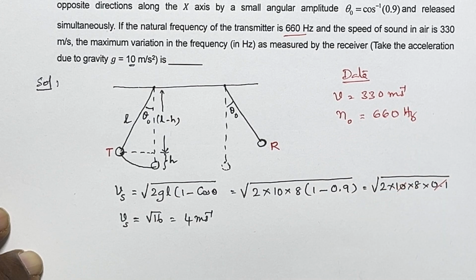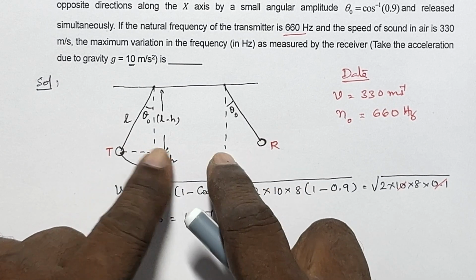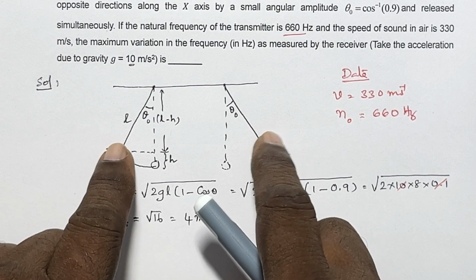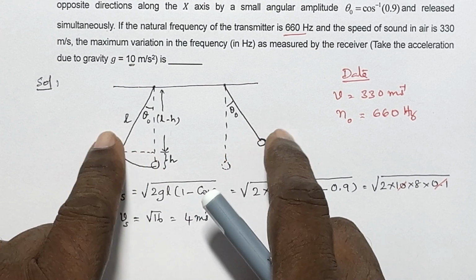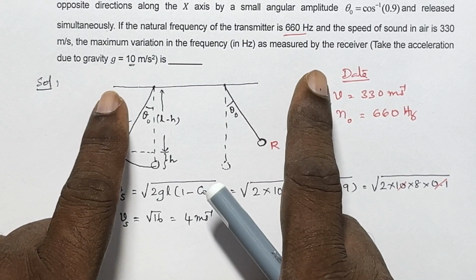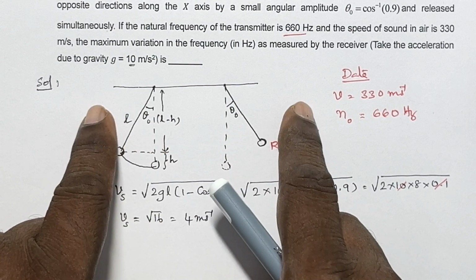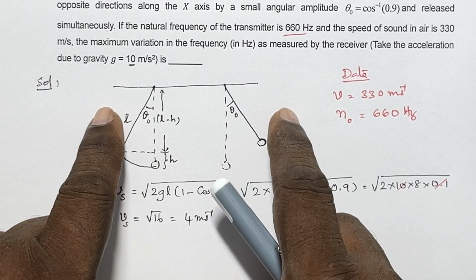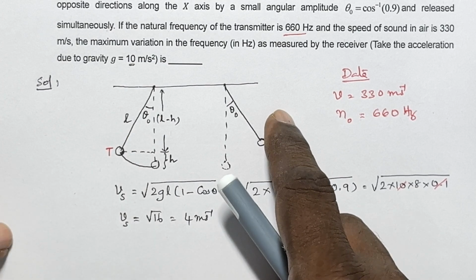See here, when the transmitter and the receiver are oscillating like this, when they come close, the apparent frequency increases. When they go away, when they recede, the apparent frequency decreases. So we have to calculate the difference between the maximum frequency and minimum frequency. When they come close, it is maximum. When they go away from each other, the apparent frequency decreases. This is what happens according to the Doppler effect.